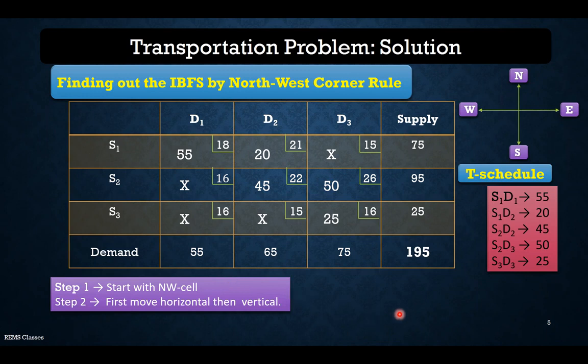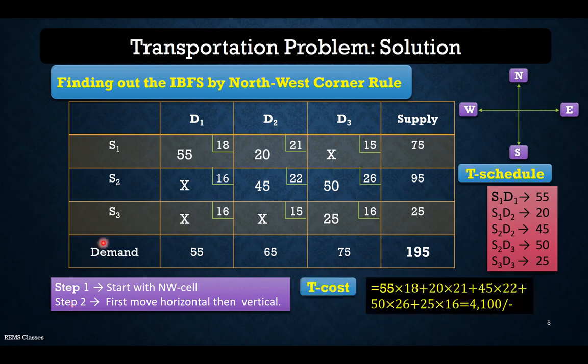The transportation cost is 55 into 18 plus 20 into 21 plus 45 into 22 plus 50 into 26 plus 25 into 60. Finally, the total transportation cost is 4,100. This solution has been achieved by making use of the northwest corner method.